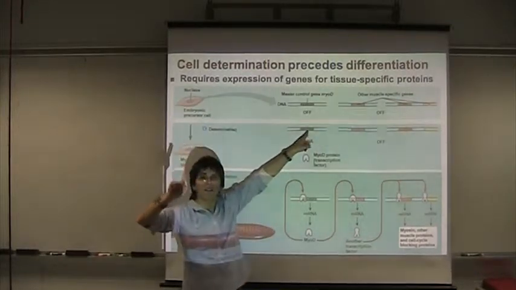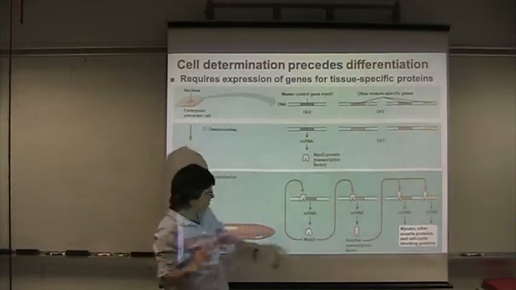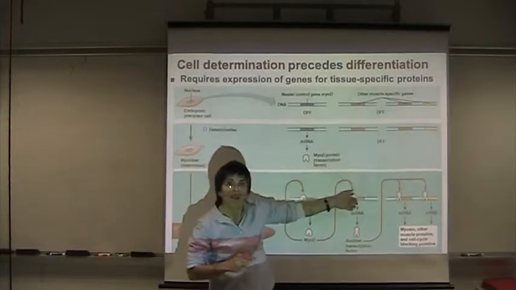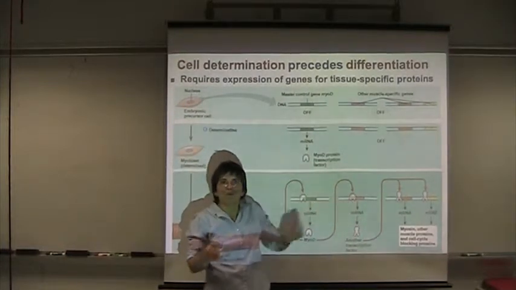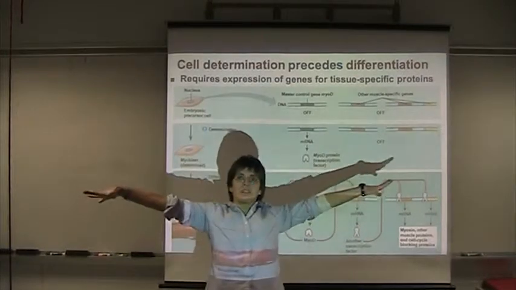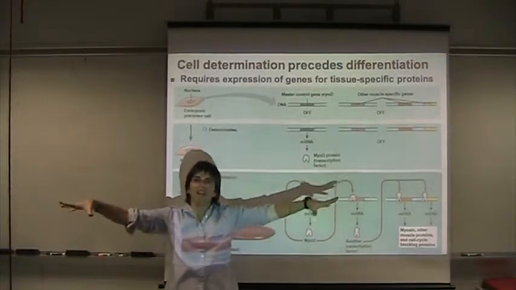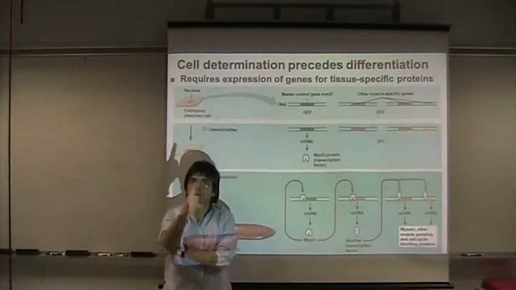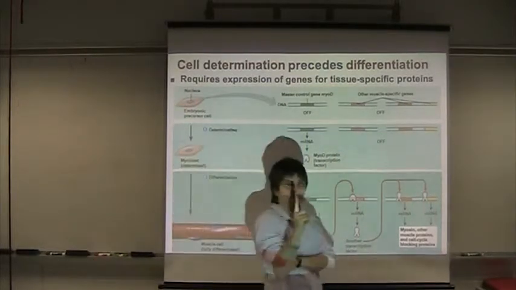You activate this master regulatory gene. This master regulatory gene is going to work as a transcription factor and is going to activate all those other genes that are needed to produce the muscle. So notice, this is critical.